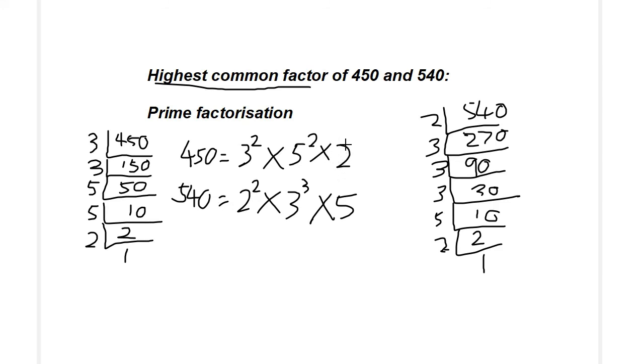So you see 2 here: 2 to the power of 1 and 2 to the power of 2, so we take the smallest one, 2. For 3 to the power of 3 and 3 to the power of 2, we take the smaller one, 3 to the power of 2. And for 5, we see 5 to the power of 1 and 5 to the power of 2, we take 5.